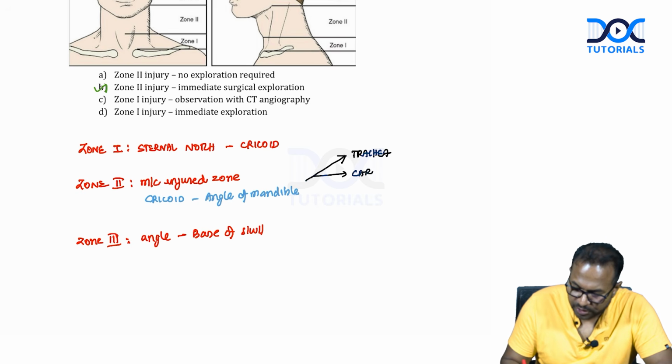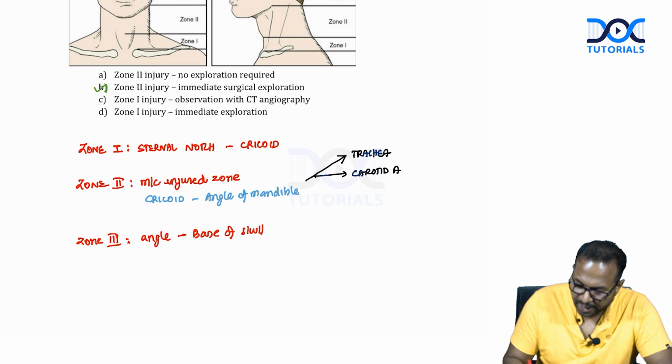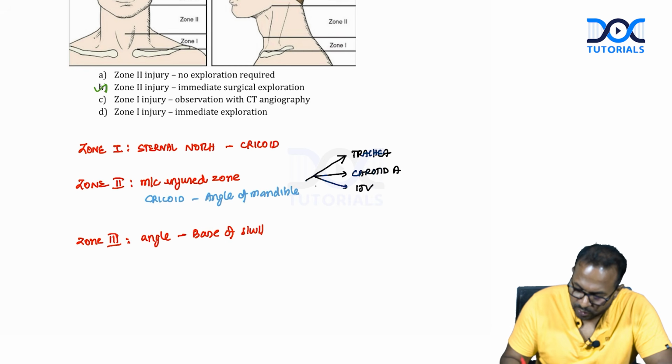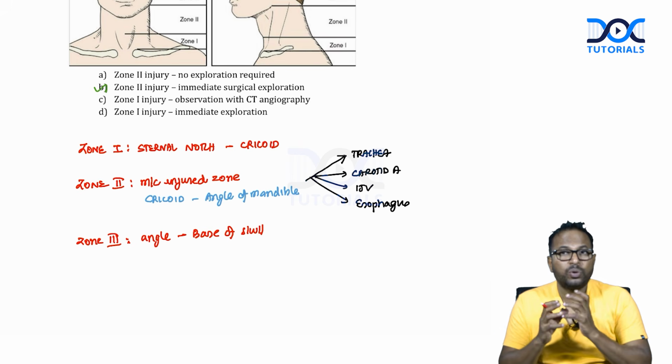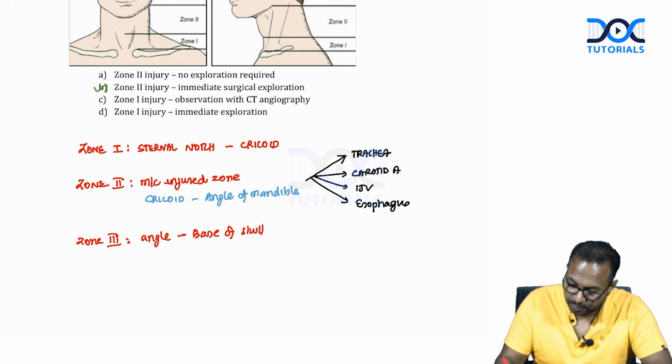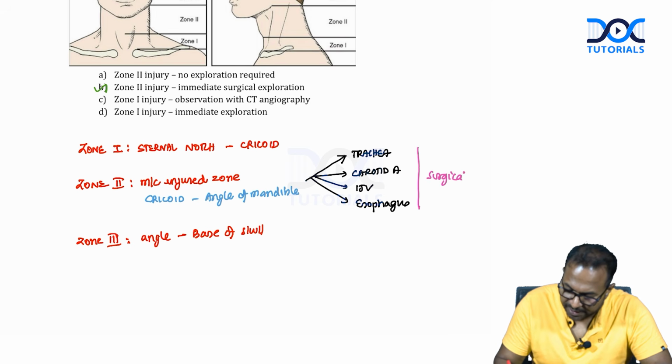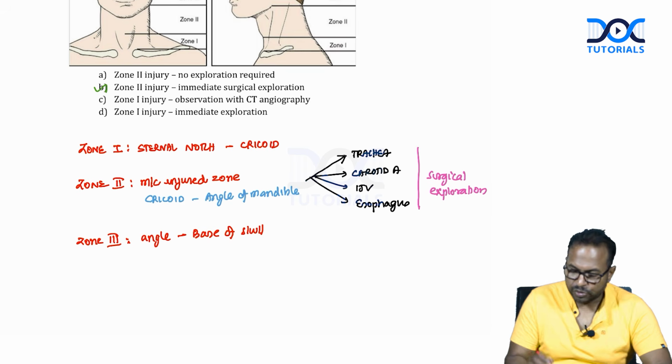Carotid artery can be injured in zone 2, and IJV can be injured in zone 2. Esophagus can be injured in zone 2. All these injuries usually happen in zone 2. Any zone 2 injury, we have to immediately explore. Urgent surgical exploration is done at the earliest possible.